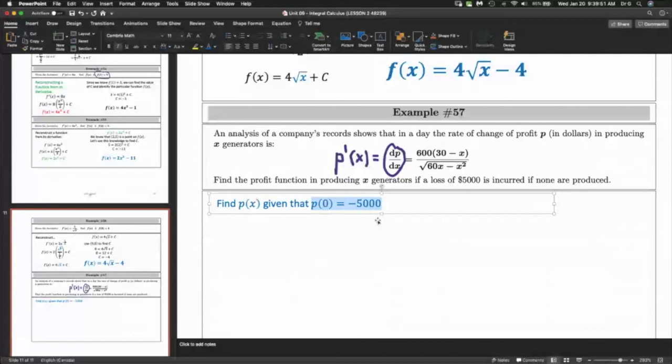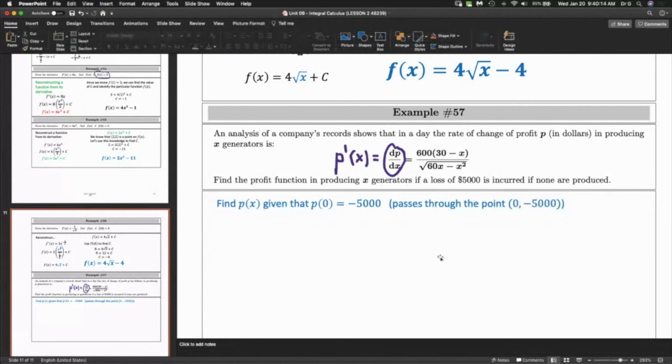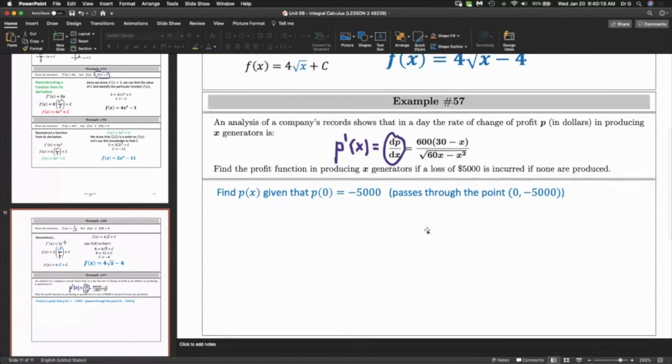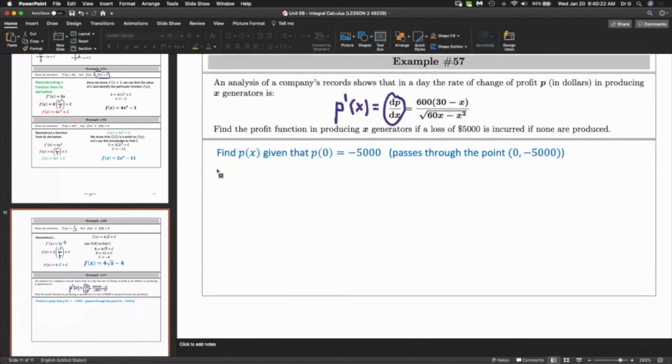Write that down here, okay? Passes through the point 0, negative 5,000. So that's what we're working with, and now we're going to proceed and do that. So let's start by just writing down this profit equation, a derivative, I should say.